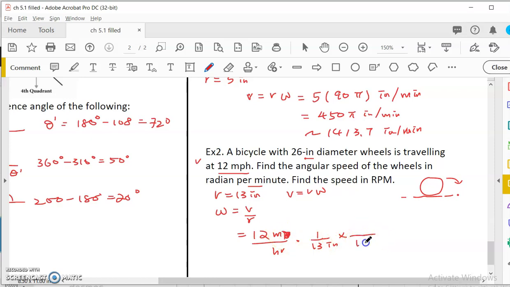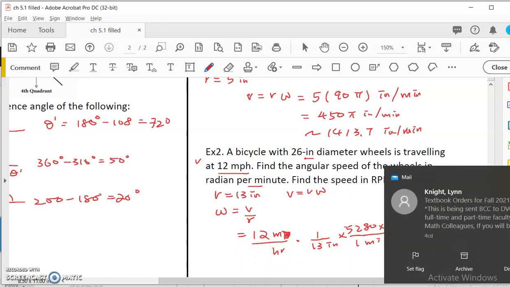So I'll put 1 mile equal to 5280 feet times 12 inches, because 1 foot is 12 inches. I also need to change hours to minutes, so I would put 1 hour here so I can cancel the hour, and 1 hour has 60 minutes.